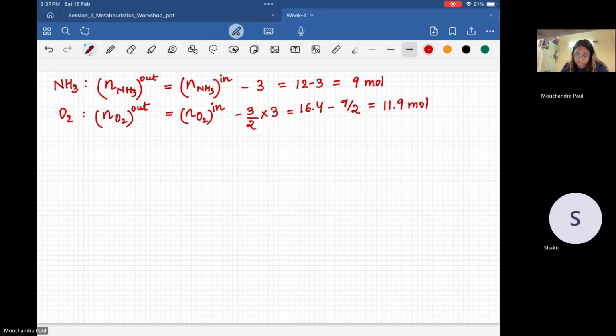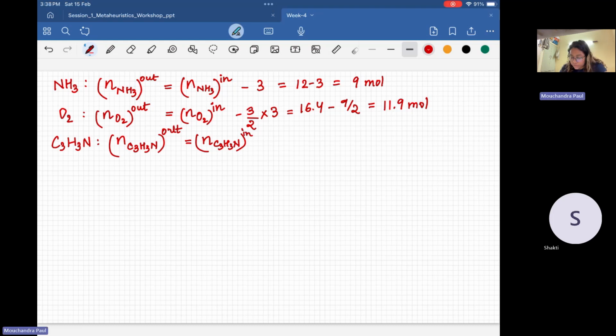Similarly, for acetonitrile, your stoichiometric coefficient will be +1 since it is on the product side, and your extent of reaction is 3.